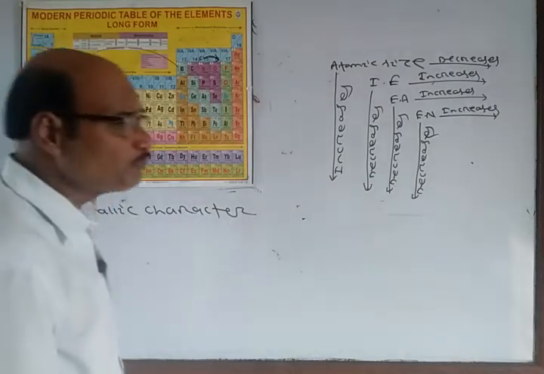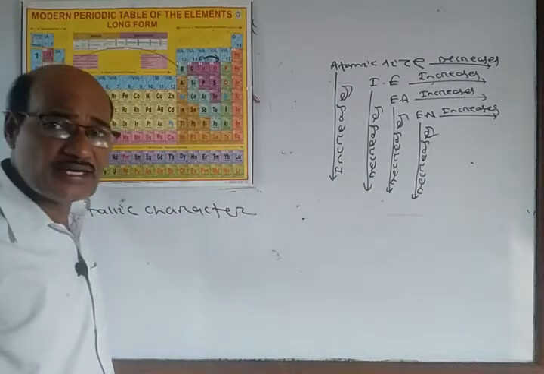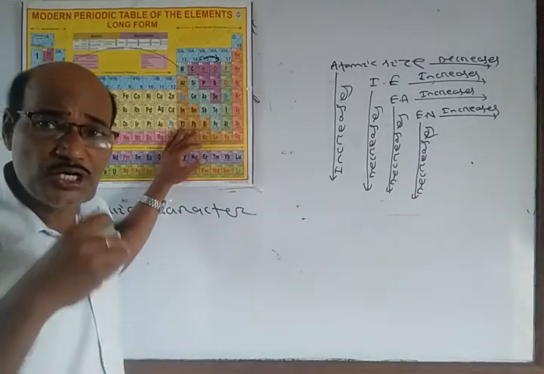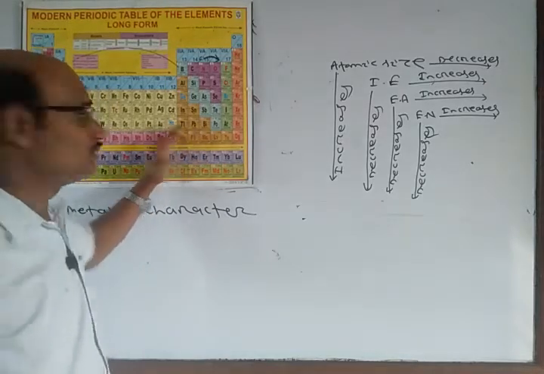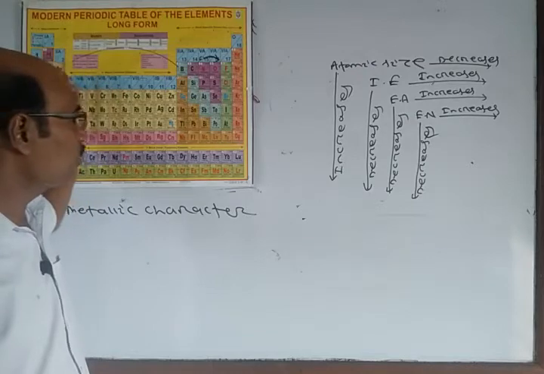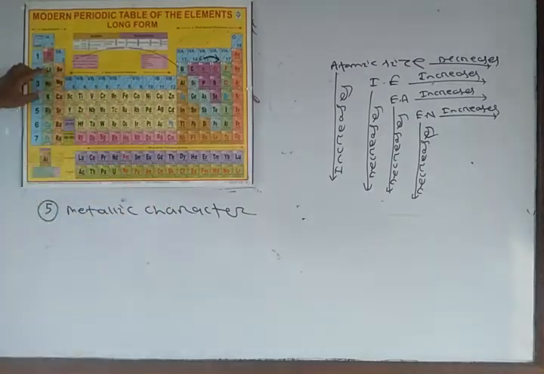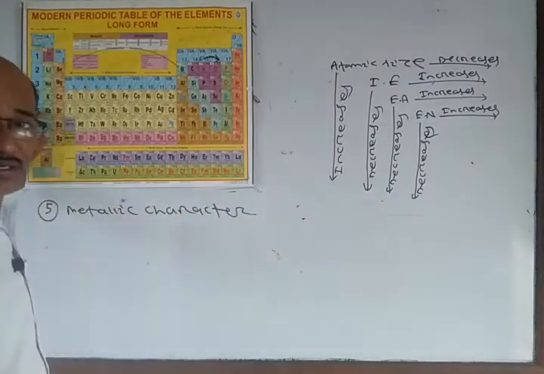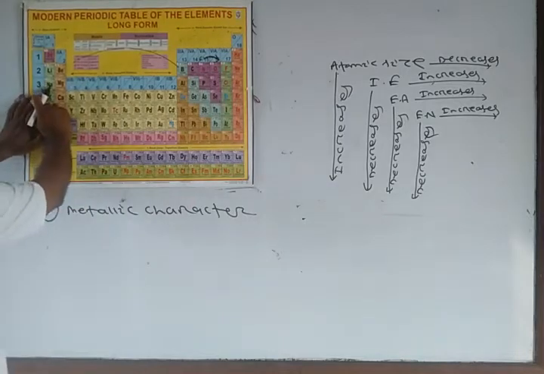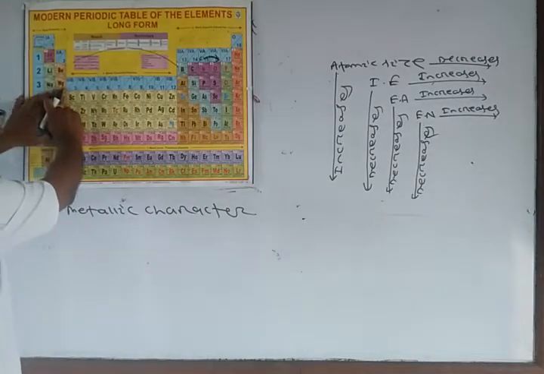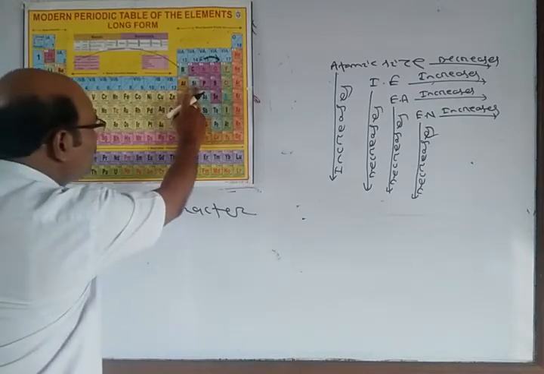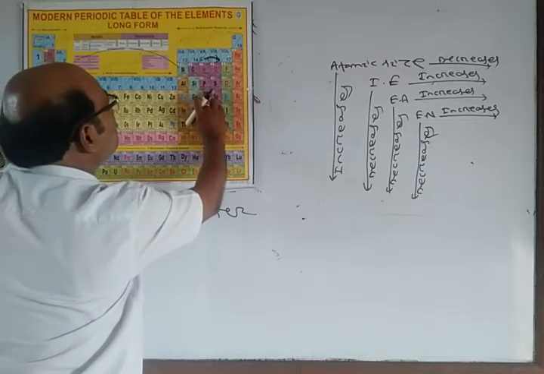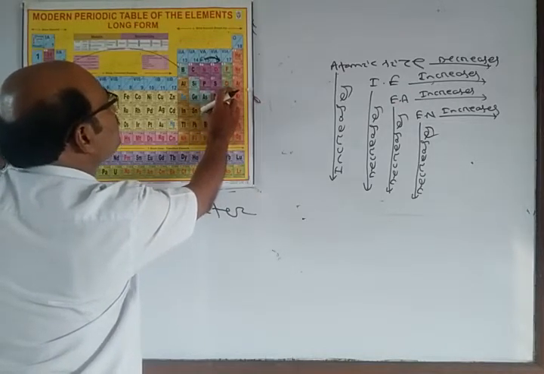And if you move in the period from left to right, what happens? The ionization energy value goes on increasing, hence the ease to donate electrons becomes less. So gradually the metallic character decreases and the non-metallic character increases. If I compare here, group 1 is completely metallic, group 18 completely non-metallic. These are noble gases. Sodium is a metal, magnesium metal, aluminum metal, then silicon, then phosphorus becomes non-metallic, sulfur and chlorine also non-metals.